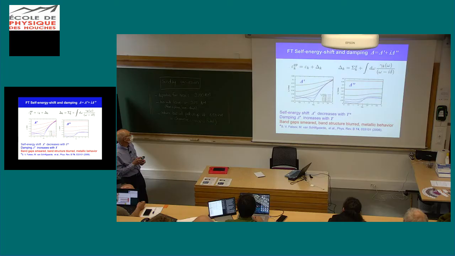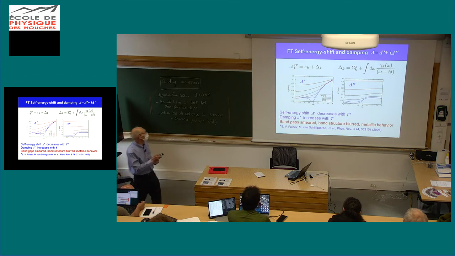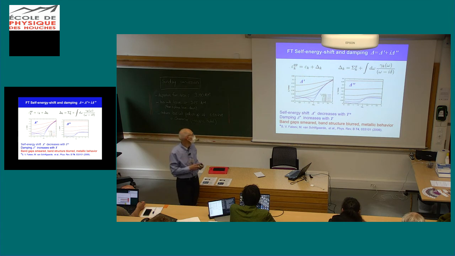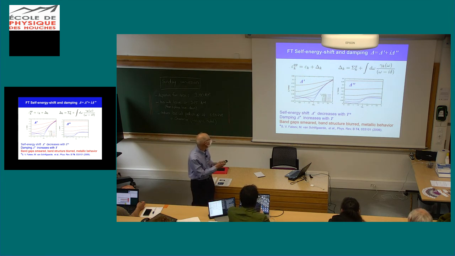This is also interesting. If you look at the real and imaginary parts of the quasi-particle, it's shifted by the self-energy. And the real part of the self-energy actually gets much smaller. It gets cut down by a factor of 2 as you go up in temperature. So that's nice. But look at this. The imaginary part grows.